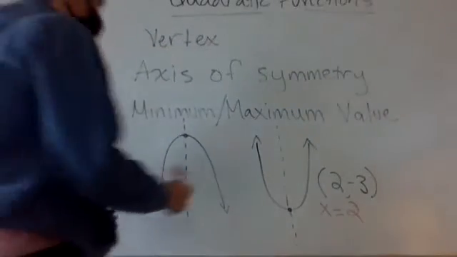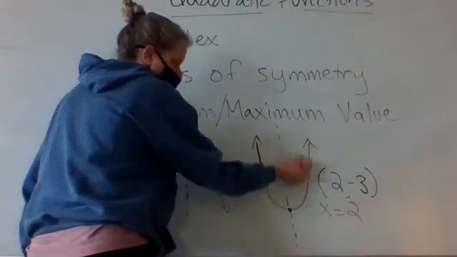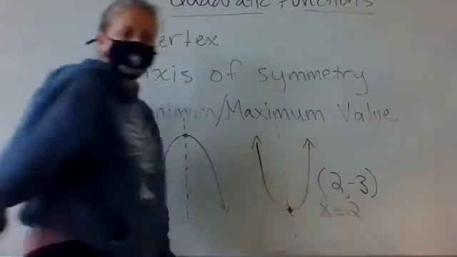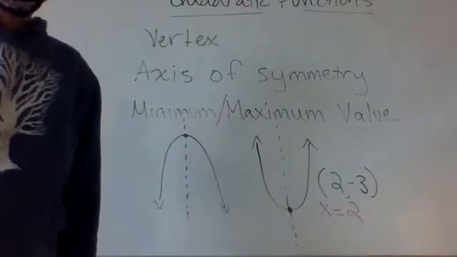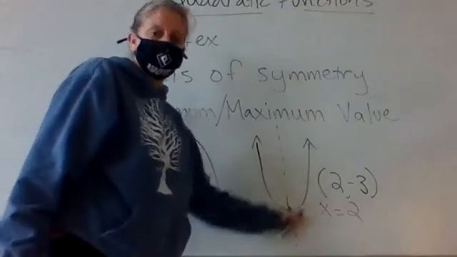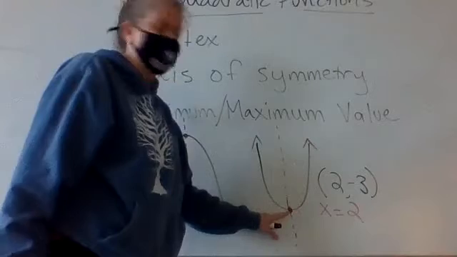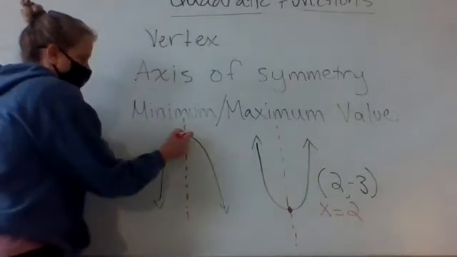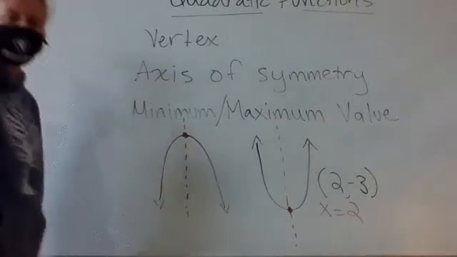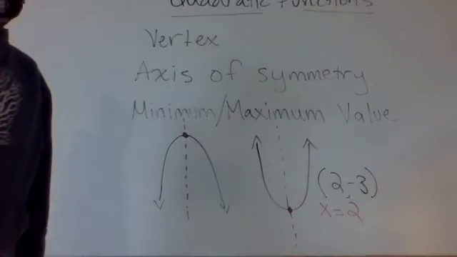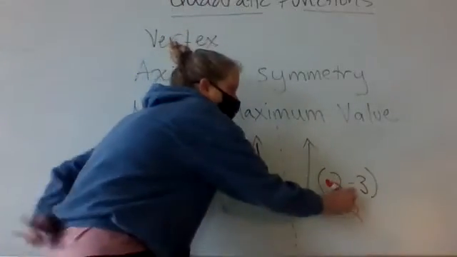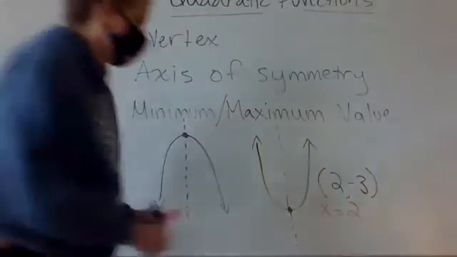The minimum or maximum value, and it has a minimum, right? If your parabola is right side up like this one, the vertex is at the very bottom point of the parabola, which means parabolas like this have a minimum value. Parabolas that are upside down with the vertex at the top would have a maximum value. The minimum or maximum value of the parabola is just whatever the y coordinate is.